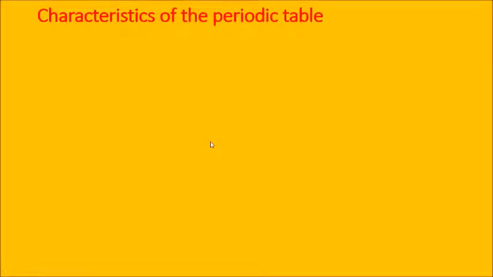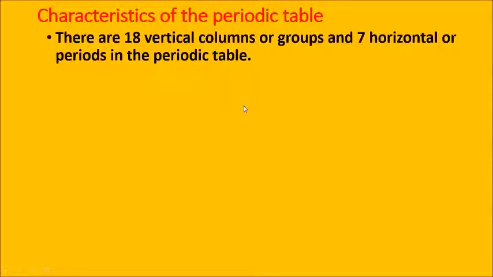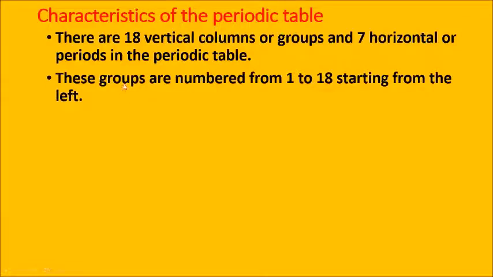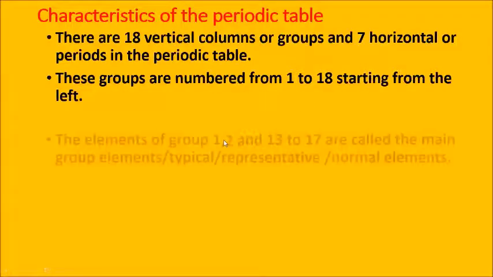Now the characteristics of the periodic table we will discuss. There are 18 vertical columns or groups and 7 horizontal rows or periods in the periodic table. These groups are numbered from 1 to 18 starting from the left, and they are numbers only, not Roman numerals.